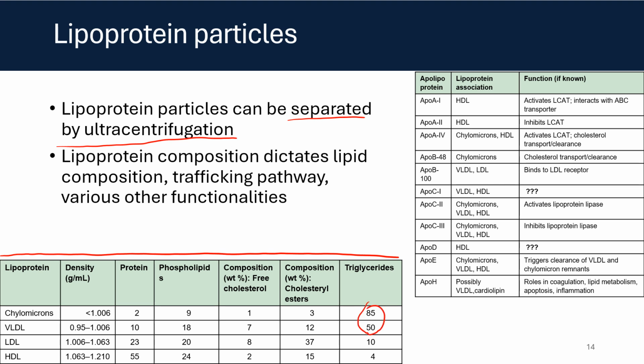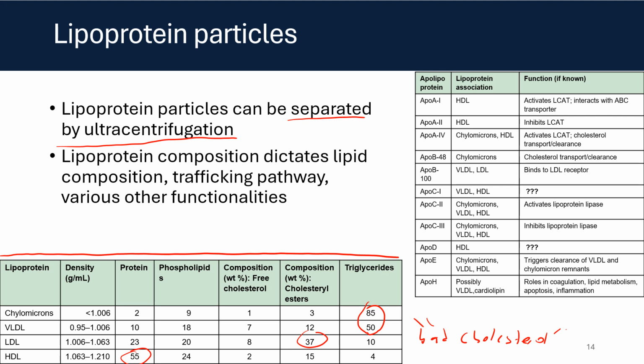LDLs, aka bad cholesterol, have a large fraction of cholesterol esters. The high density lipoproteins are actually mostly protein, and hence they have greater density because fat is less dense than protein.